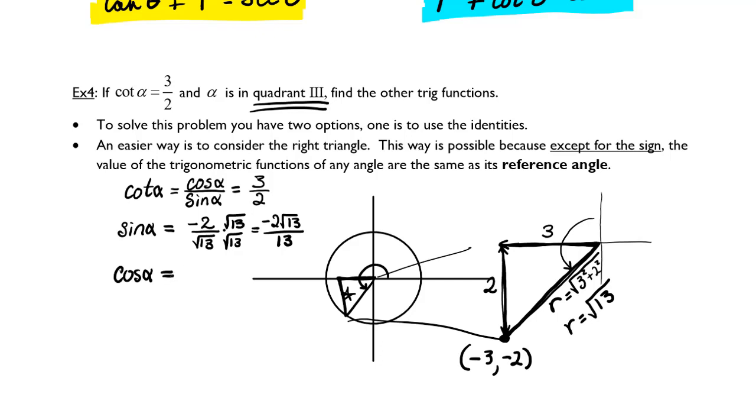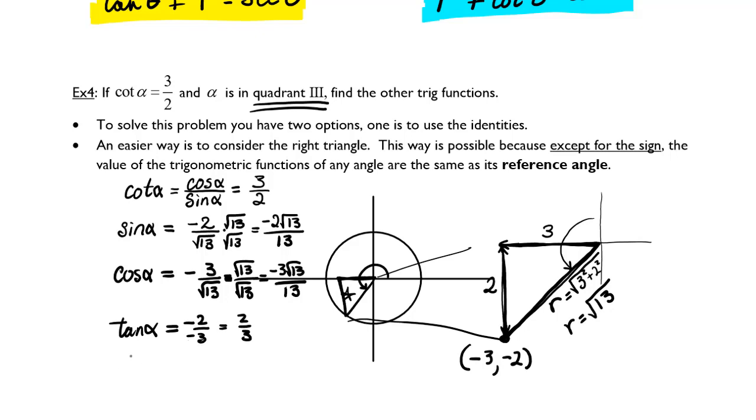Cosine of alpha is equal to -3 over root 13, which is equal to, rationalizing, -3 root 13 over 13. Tangent of alpha is -2 over -3, which gives me 2/3.